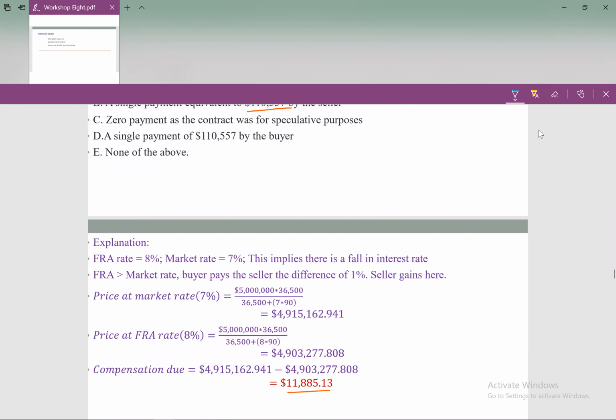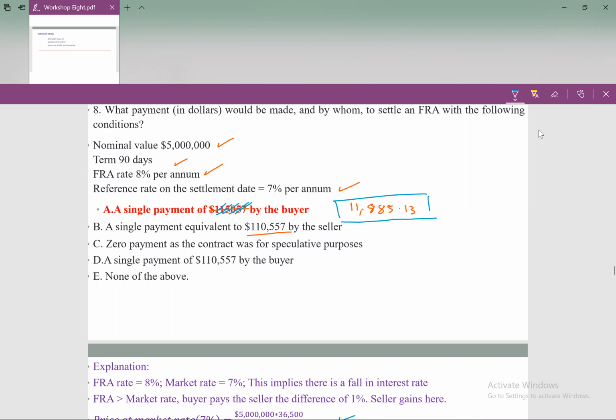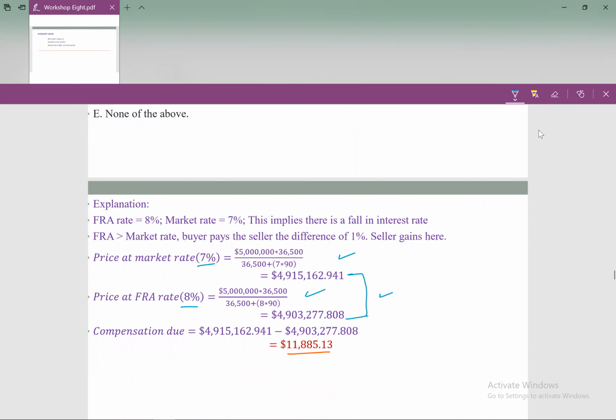So first of all, you will bring the market, and then you will bring the FRA, and then the difference between the two. And as you can see, without even thinking, if the FRA is 8% and the market is 7%, you know for sure that the buyer will pay the seller 1%. You just want to know how much that is in dollars, and therefore you have to calculate it according to this formula. So we calculate according to the 7% and the 8%, and it is 11,885.